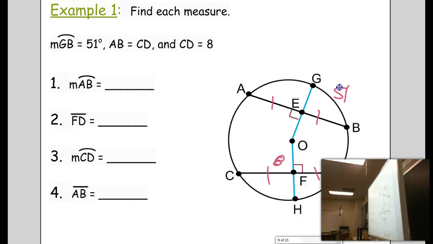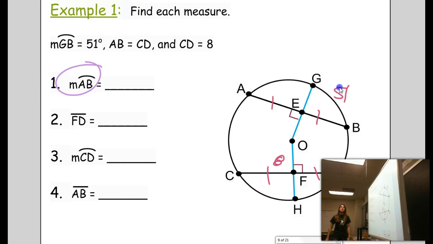Thank you. So we learned all those theorems on the front. We probably learned them for a reason. We're probably going to need to use some of those theorems. So the first thing that it's asking for is measure of arc AB. Omar, what do you think the measure of arc AB is? It is 102. Whether he guessed or he knew it, he used a theorem.